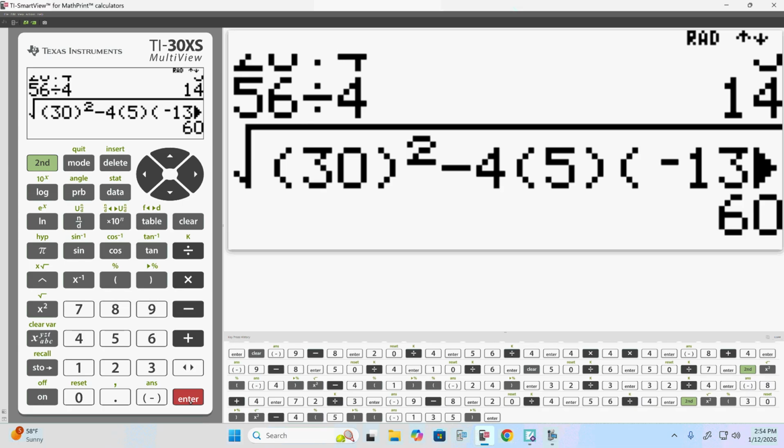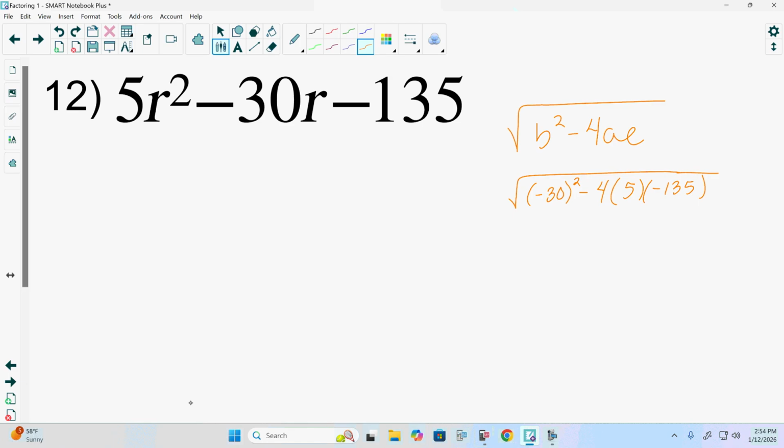And it tells me that it is rational, 60. Because if I end up with a radical, an irrational decimal, and just a big decimal, we know that it's not factorable. So here it's just telling me it is factorable.